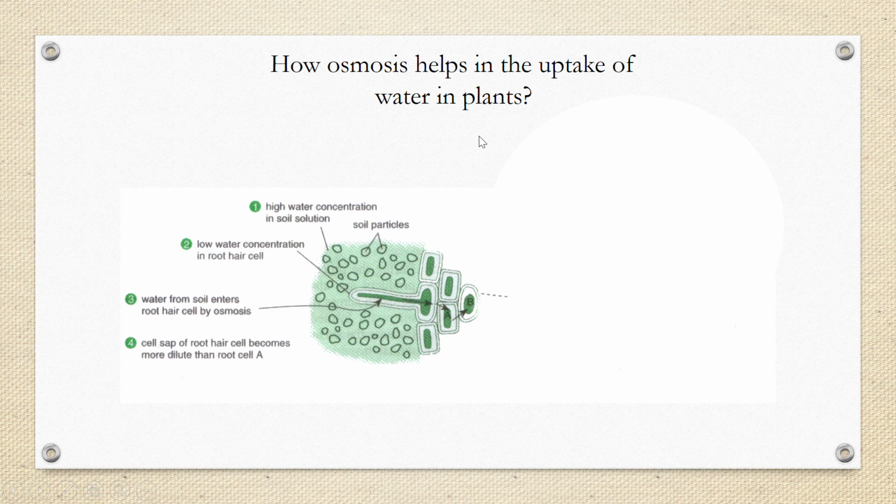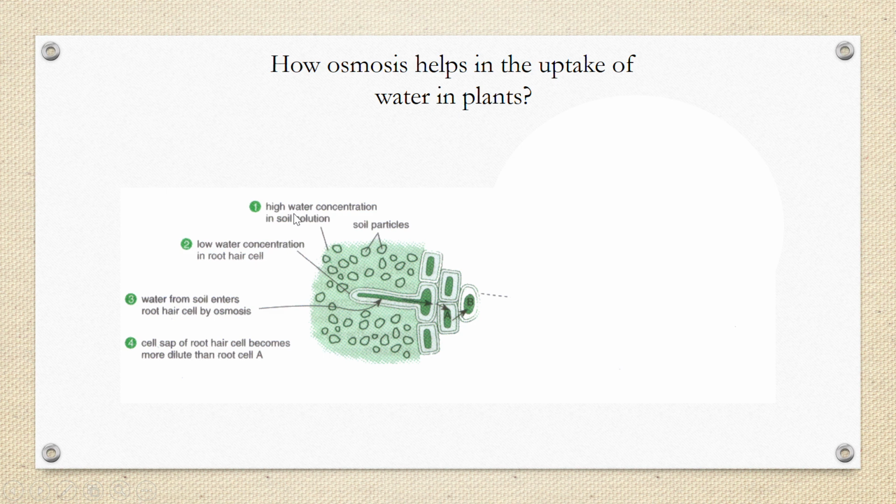This is the soil compartment, the soil particles, and you get to see the cells of the root. This one is extended out to increase the surface area so that absorption of water is greater.